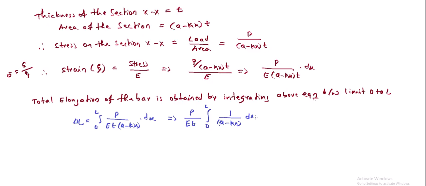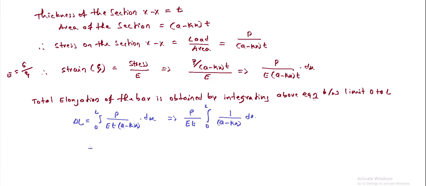So now what I can do is refer to this as 1 by x. The integration of 1 by x is log of x, multiplied by the constant with the associated sign, that is the mathematical part.